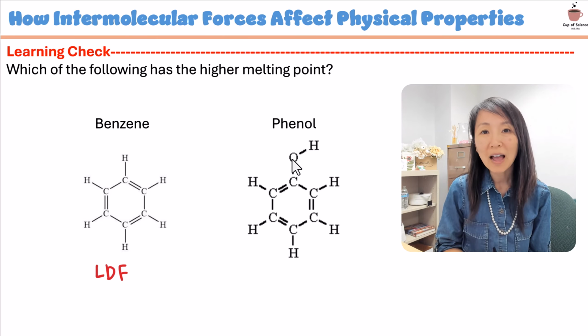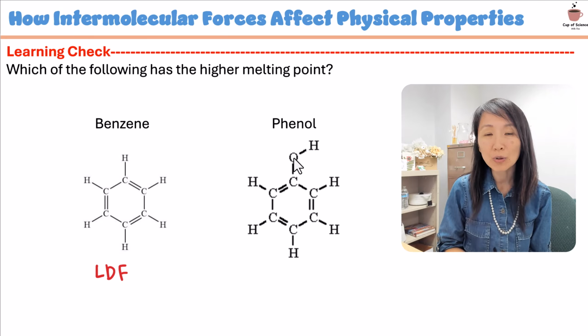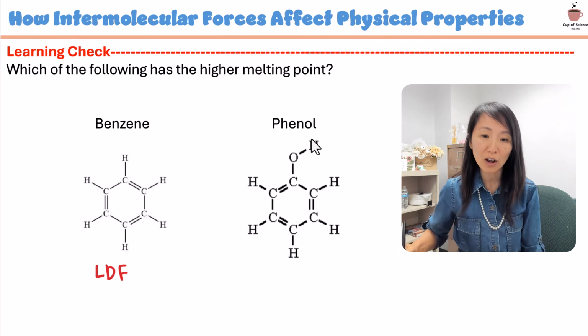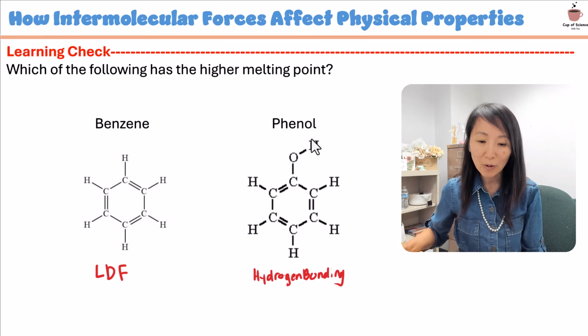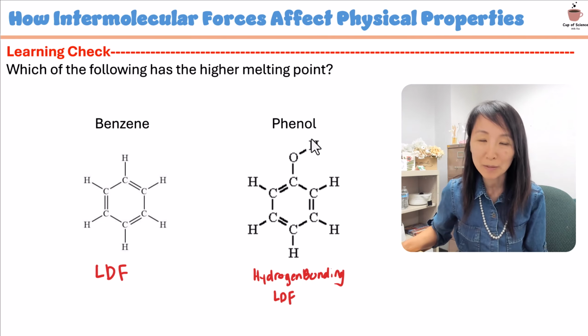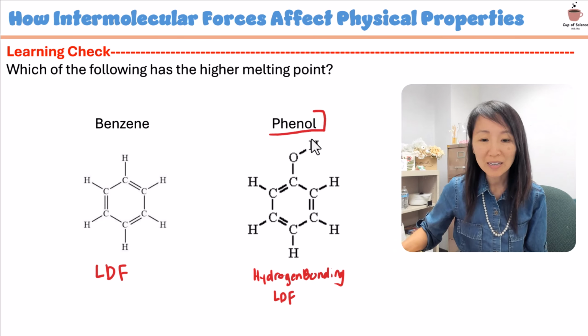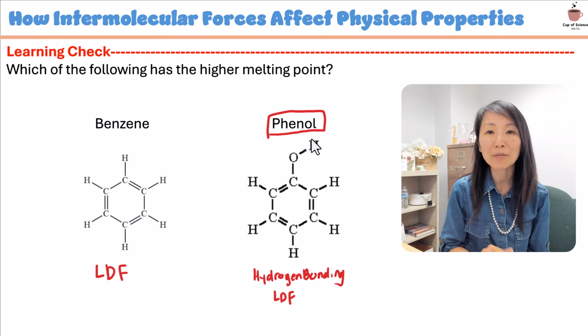So phenol has the ability to do hydrogen bonding since we have that oxygen and a hydrogen directly attached to the oxygen. But not only that, it will also participate in LDF since all molecules can participate in London dispersion forces. Therefore, phenol is the one with the higher melting point.